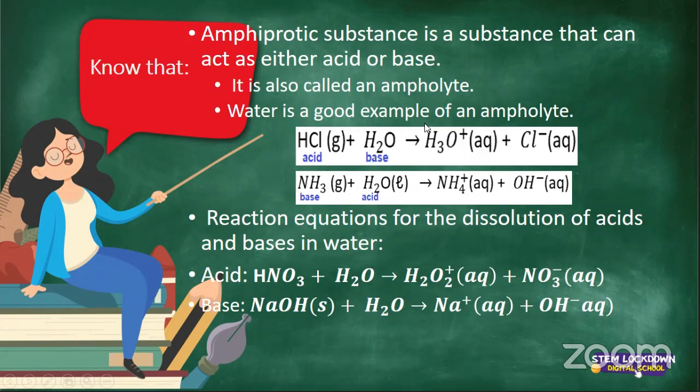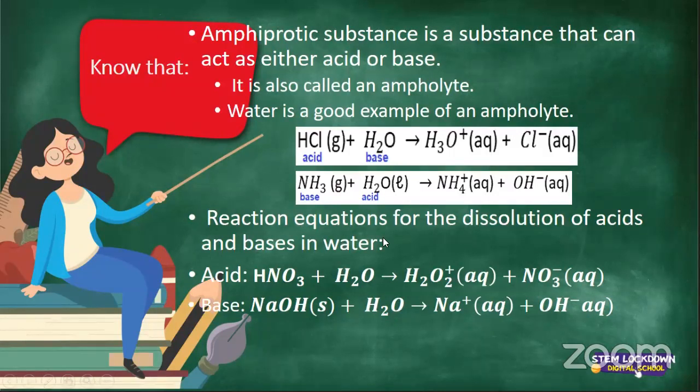So water is a good example of an ampholyte. In this reaction here, it is acting as a base because it is accepting a proton. And in this one, it is acting as an acid because it is donating a proton to ammonia to form the ammonium ion. Right.